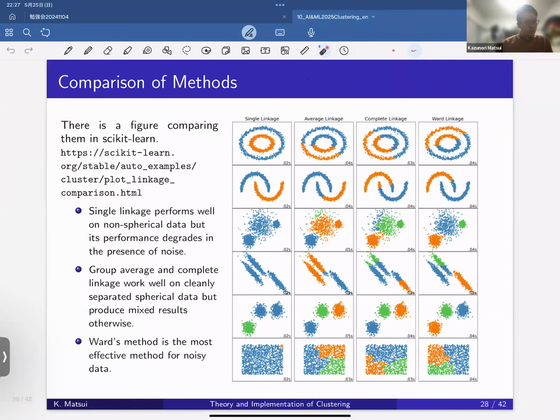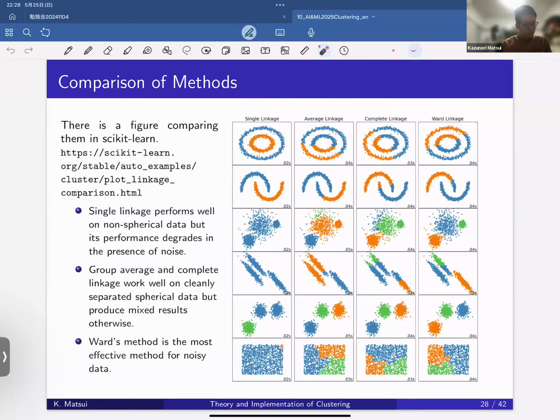When we compare each method, it looks like this. On the far left is the single linkage method. Second from the left is the group average method. Second from the right is the complete linkage method. And on the far right is Ward's method.